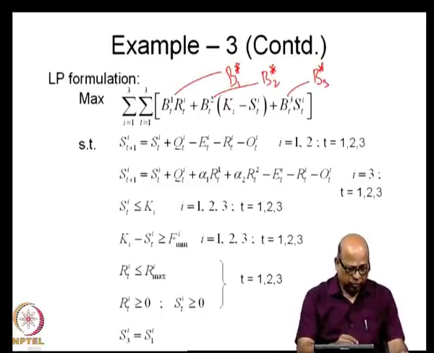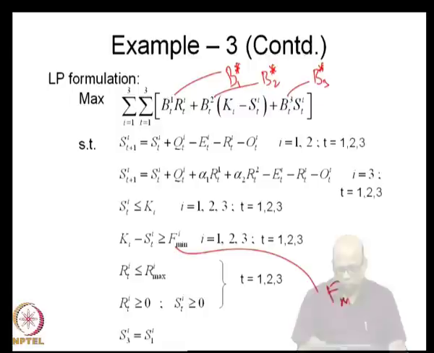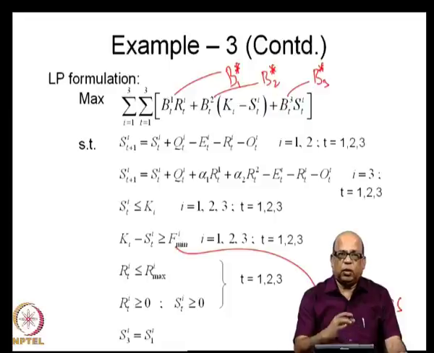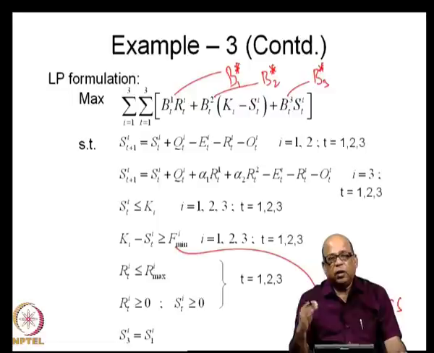So, for completeness sake, we can also write this as F min t of I for t belonging to the flood season. That means, for each of these time periods in the flood season, you may have different F min specified as data. Imagine, for example, a large system like the Narmada reservoir system, where you may have 14 or 15 reservoirs, and at each of these reservoirs you may specify a different flood freeboard during different time periods.